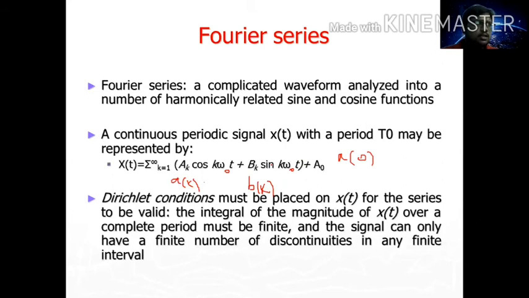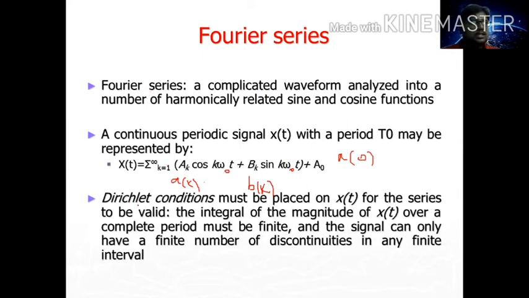Mainly it consists of two functions, one is the sine function and another one is the cosine function. These two functions are used to analyze the harmonics. Any complicated waveform you can easily analyze into a number of harmonically related sine terms and cosine terms. This is the main purpose of the Fourier series.